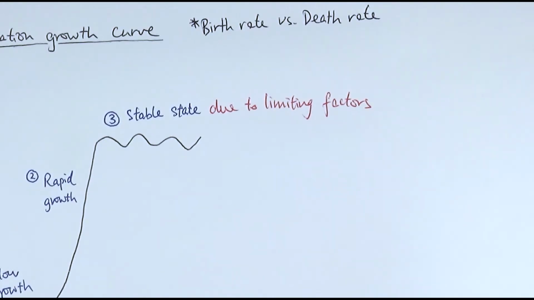Now, as you would remember, limiting factors are basically environmental impacts on a particular situation which stops it from growing any further. And in this case, we can have two types of limiting factors, biotic and abiotic. Abiotic are non-living factors, so really very much about the environmental inorganic factors. Biotic factors refer to things that are living.